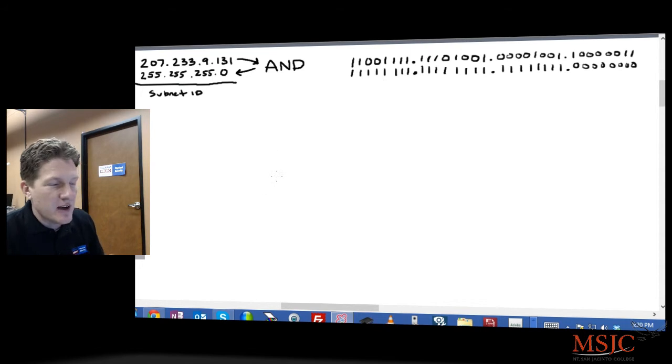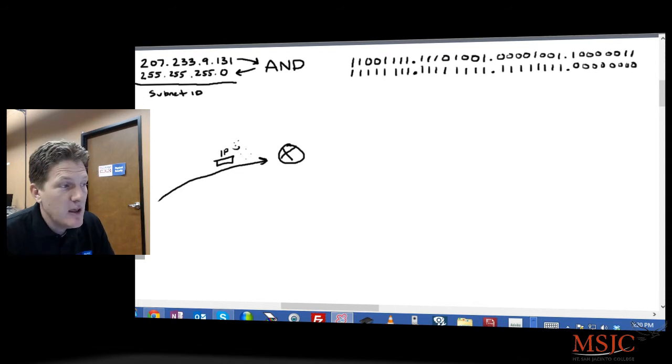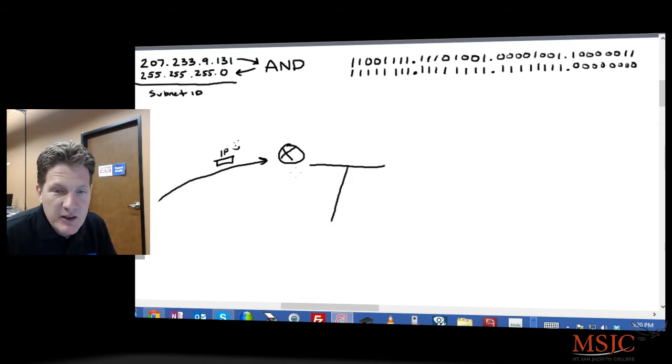Now, on Friday, I talked about how you have a routing device, and the routing device receives a packet through one interface. Hi, I'm the IP packet. Whee! Here comes the IP packet. The IP packet is coming into the router. The router has to make a very fast decision and compare the incoming IP address to its routing table.